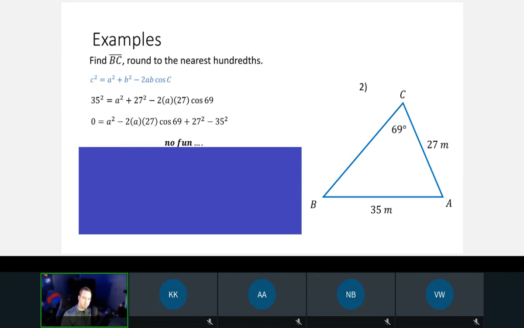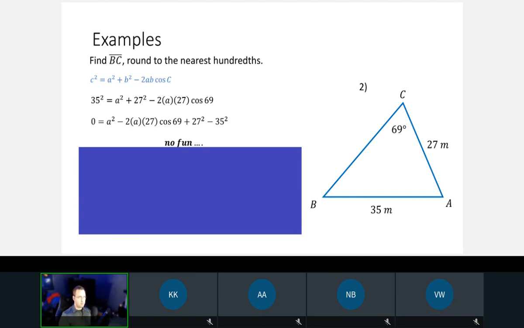To say the least, no fun. But there actually is a way to finish this problem. Like I did, you want to order stuff properly. You want to have the a squared stuff first, and then your term with a, and then your terms with, well, just numbers, right? Your constants.